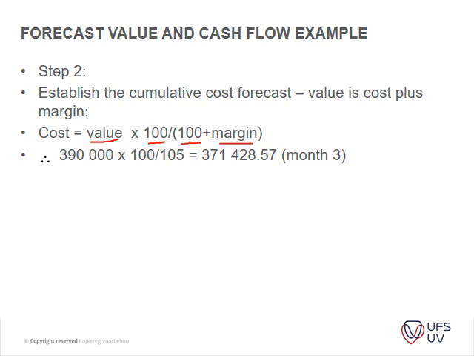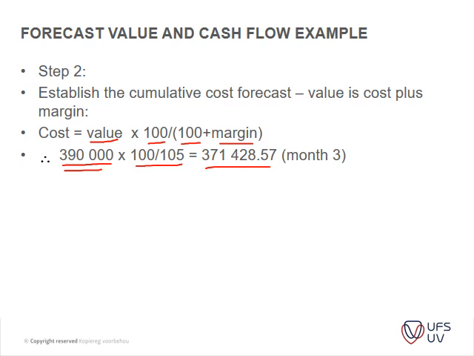So for instance, if you've done 390,000 rand worth of work, your actual cost to have done that work is 370,000. So this is your cost on the project. Okay, very simple. So it's basically your expenditure. You're making 5% profit on the amount that is done for that month.